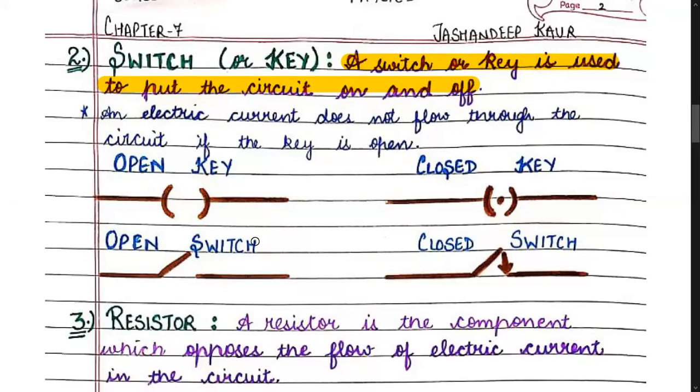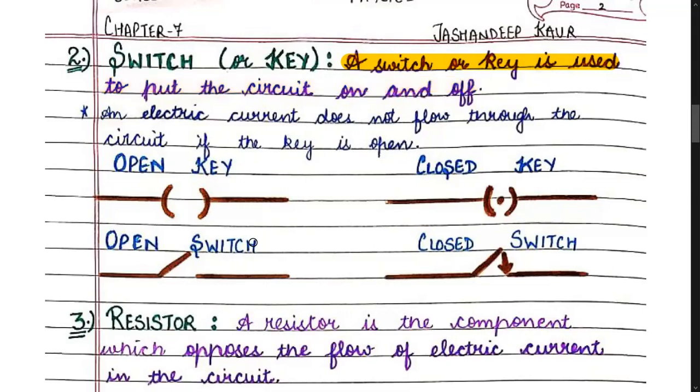Now you must have seen a switch in your home. If you switch on, the light glows, while if you put the switch off, the tube light does not work.